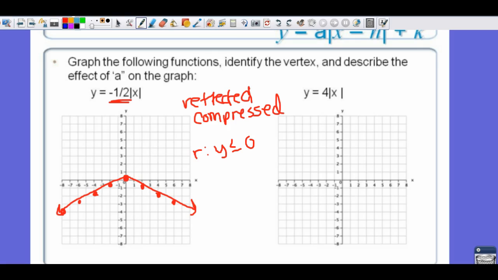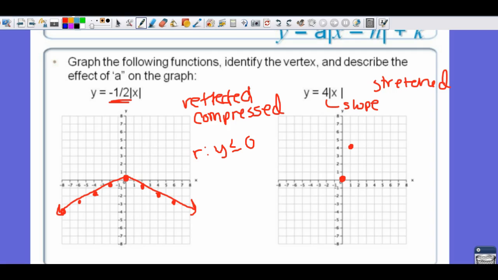y equals the absolute value of x multiplied by 4. So that 4 out in front is going to do what to my graph? Yeah, more narrow. It's going to stretch it up. So it's stretched. It starts at (0, 0). That 4 represents my slope, so it goes up 4, right 1.